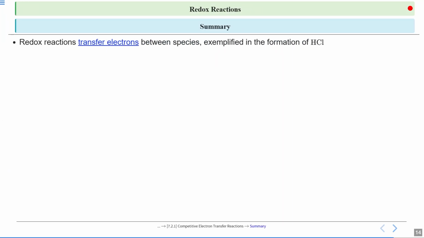So now, in this lecture, we have studied mainly the redox reaction in terms of electron transfer reaction. We have understood oxidation and reduction also on the basis of electron transfer. Then we have understood the competitive electron transfer reactions with the help of 3 examples.